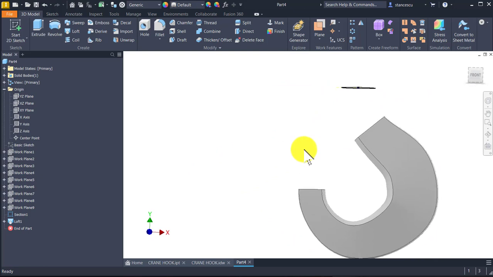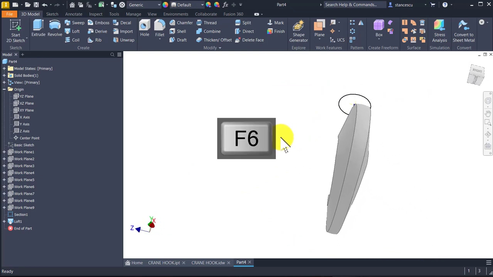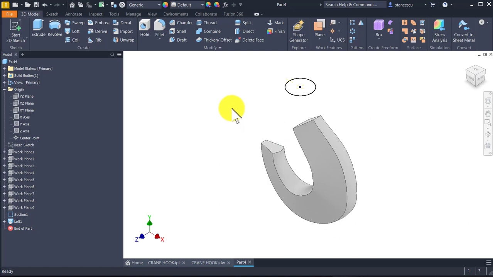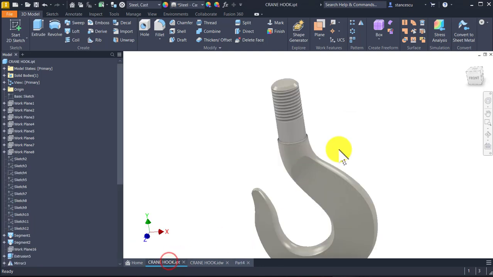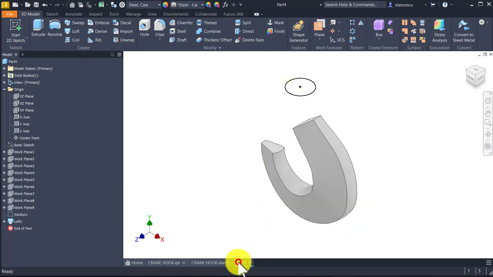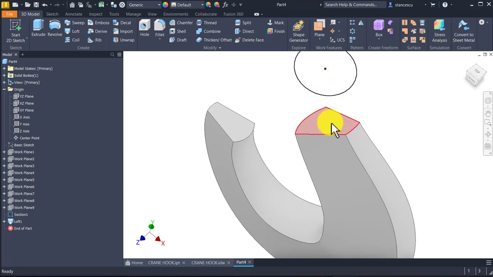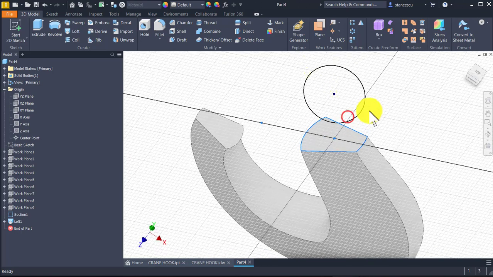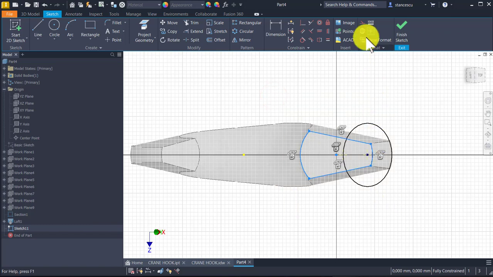Okay. Now we have this volume in a good shape. As you can see, this is the second segment of the hook. This is the second, this is the first, and this is the third, the last. Let's make the first. We select this face, we make it not visible, not normal, but construction, and we draw a circle.